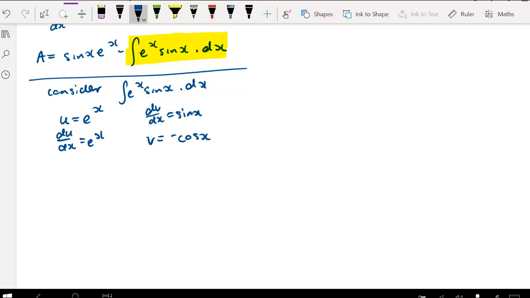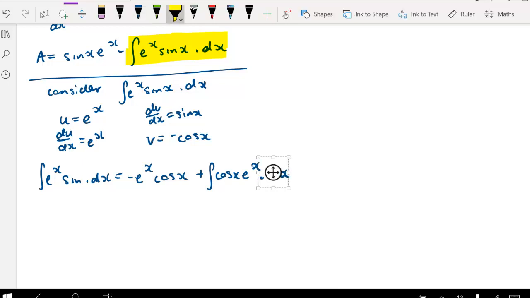Now that means that the integral of e to the x sine x dx is equivalent to uv, which is negative e to the x cos x, subtract the integral of v du dx. So v du dx is negative cos x e to the x. That'll make this positive. And we've got cos x e to the x with respect to x.